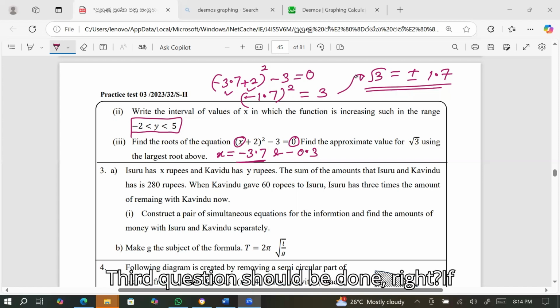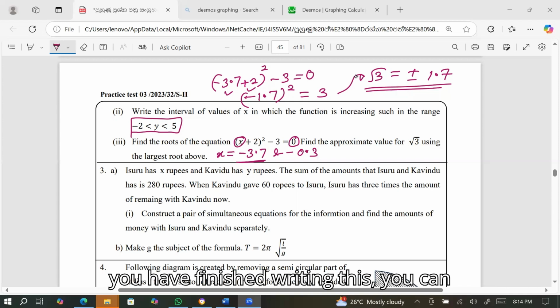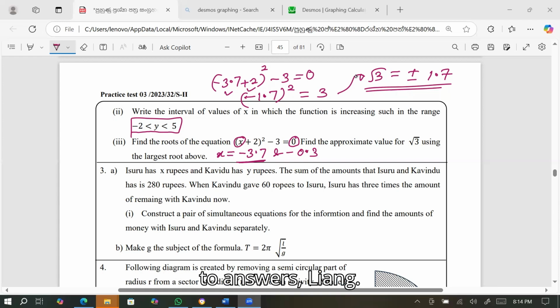Third question should be done, right? Write the answers for the third question.